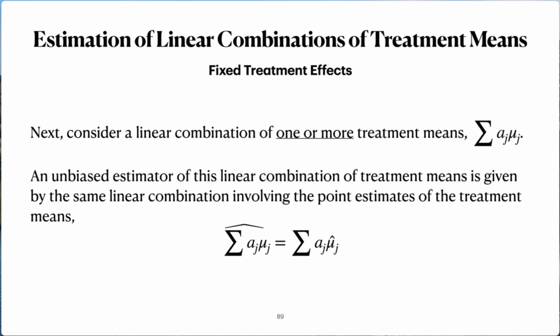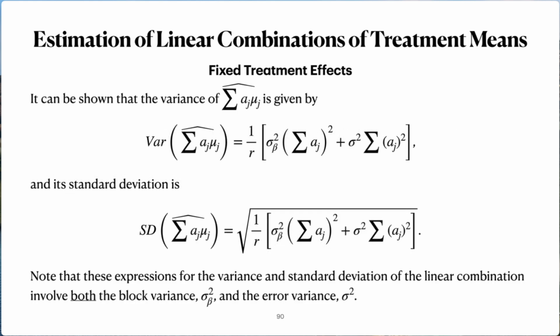If the sum of the a sub j's is equal to 0, then we're looking at a contrast, and that would fall in the framework of what we did in the last lecture. But if the sum is not equal to 0, then we're outside of that framework, and that's what we're considering now: the more general situation.